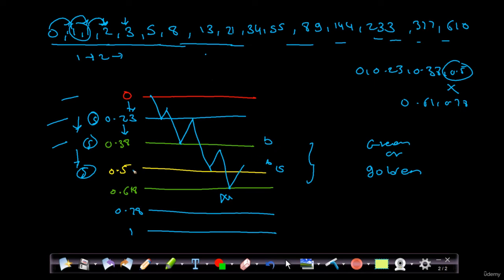So what will happen is when the market breaks this golden level or trend line, the market will again start moving upside. The reason is most of the sellers pushed the market, and most of the sellers are at the 0.5 level. 0.5 we are considering as a 50% level. So 50% of sellers are activated here, but the market is moving upside.